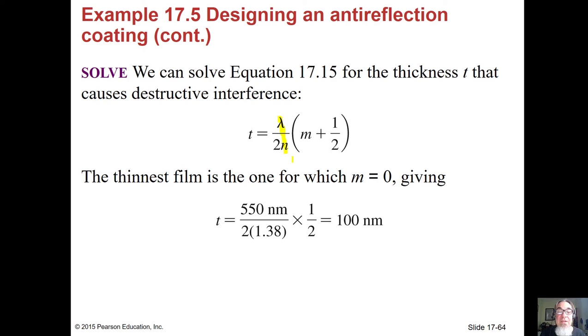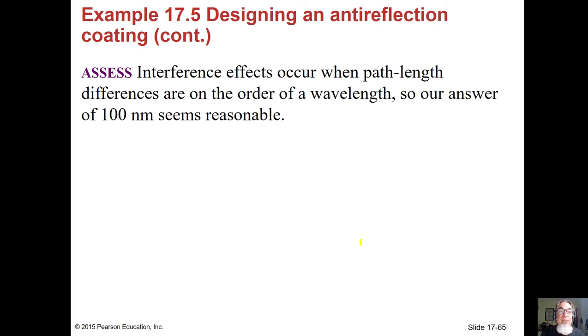Then for the thinnest film, when is T going to be the smallest? That's when m is equal to 0. You can put everything together and solve. A 100 nanometer thickness film will kill off any 550 nanometer light that is going towards your eye. Okay, good. Interference occurs when the path length difference is on the order of the wavelength, so our answer seems reasonable, 100 nanometers. Coat it with 100 nanometers and you have that anti-reflective coating.